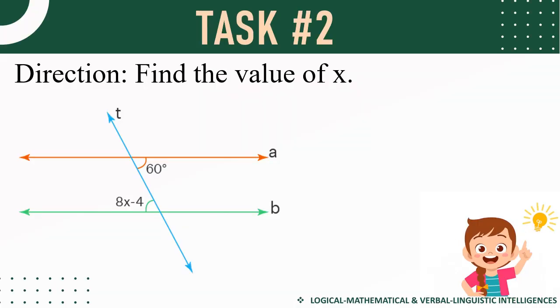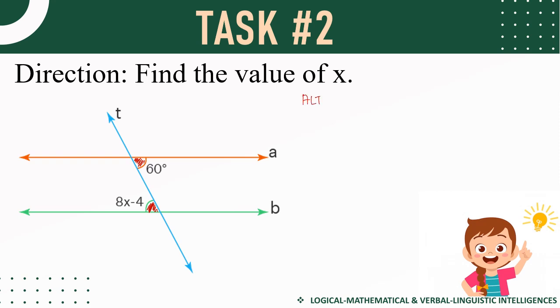Alright, so what about this second task? What if we do have this expression given? Okay, so we do not have the choice, but of course to create our equation to solve this problem. Now, first thing that you should do is you need to identify what is the relationship of the two variables being given. So as you can see, this angle, this one, and this one, the relationship exists as alternate interior angles.